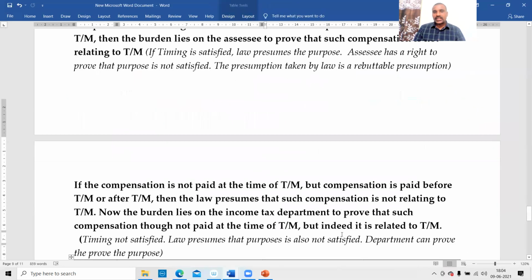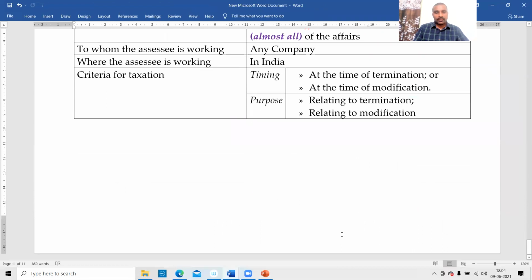Vesting. What is meant by vesting? Handing over. Vesting means handing over, or giving control of. Control over what? Handing over property or business.